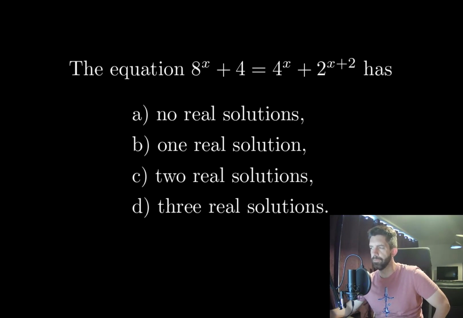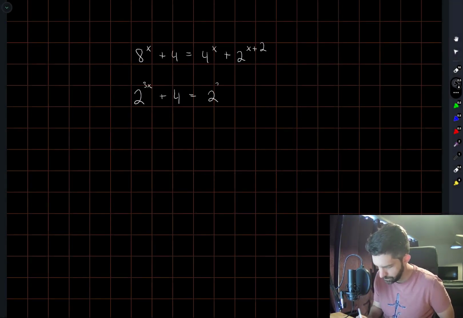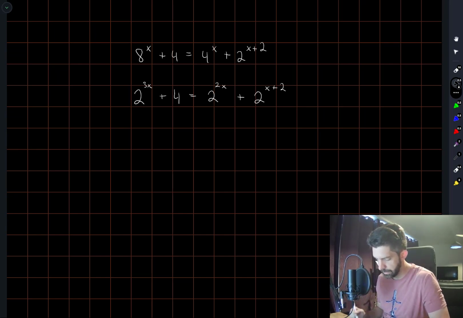Let me write everything first in terms of the number 2. So this looks like a cubic equation with respect to 2 to the x. Let me rearrange things and show you how that's what's going on there.